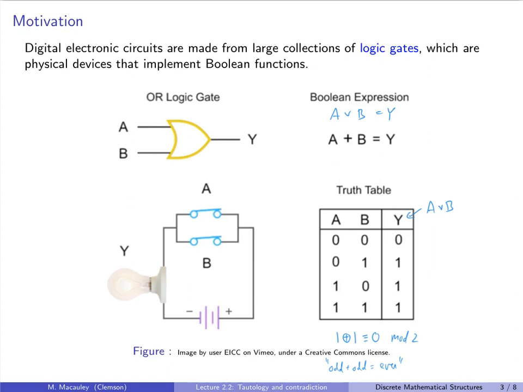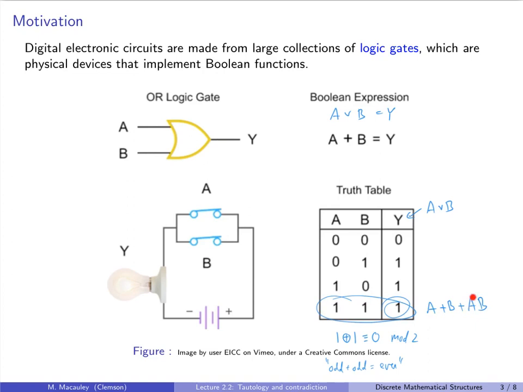Now, if you are wondering how to represent an OR function with modular arithmetic, notice what this entry 1 right here is. It's actually not quite A plus B, because A plus B mod 2 is 0, but if we take A plus B and then we add A times B, then this row works out.